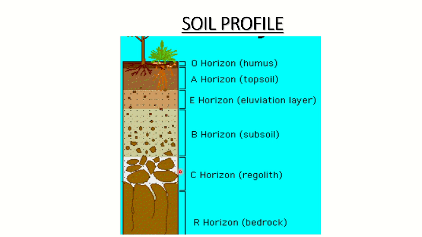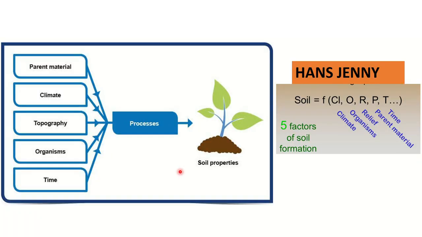And this soil is formed by the weathering process of rock, and Hans Jenny, one of the scientists, gave an equation regarding the five factors of soil formation. We know that soil is formed by the weathering process, which includes five factors: C is climate, O is organism, R is relief, that means topography, P is the parent material, and T is time.